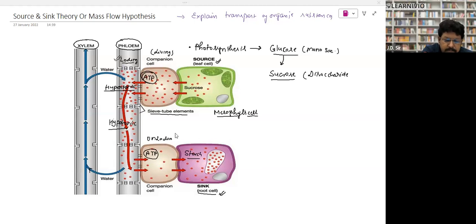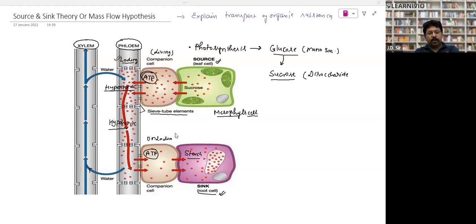Next point, when food reaches the sink, it is again taken by companion cell with active process.